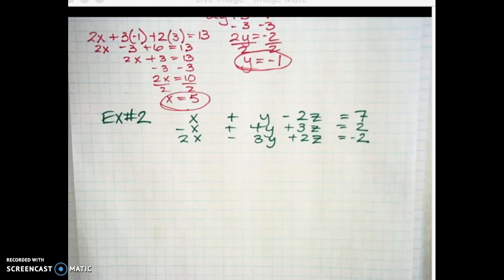Because sometimes you have to multiply one or both of the equations by something in order to get opposites, right? Opposites is what's going to eliminate. Sometimes it's real obvious. Sometimes you're like, oh man, I'm going to have to multiply 2 equations, both of them by something. Anybody see this one?